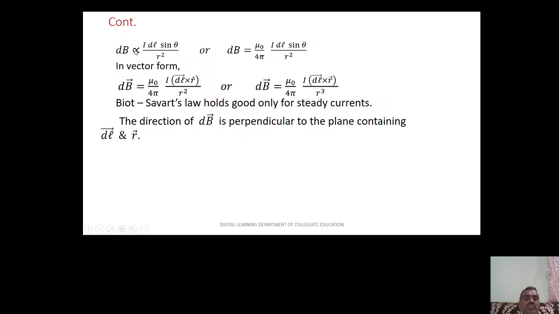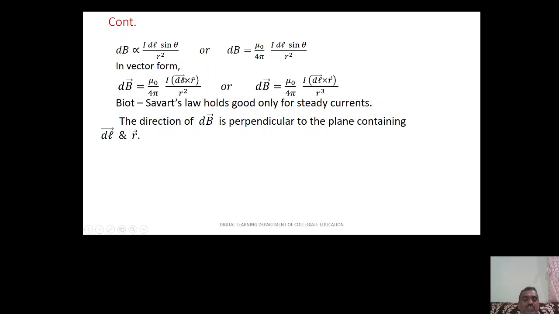If I remove the proportionality constant, we get dB equals mu naught by 4 pi, I dl sin theta divided by r squared. In vector form, this can be written as dB vector equals mu naught by 4 pi, I dl vector cross r cap divided by r squared, where r cap is the unit vector given as r cap equals vector r divided by r.